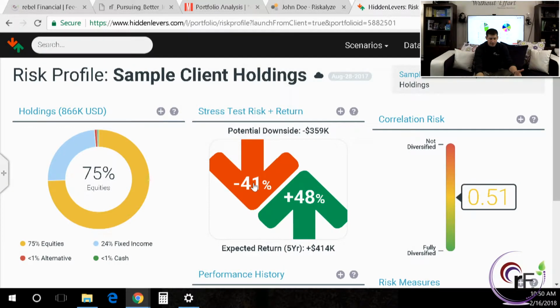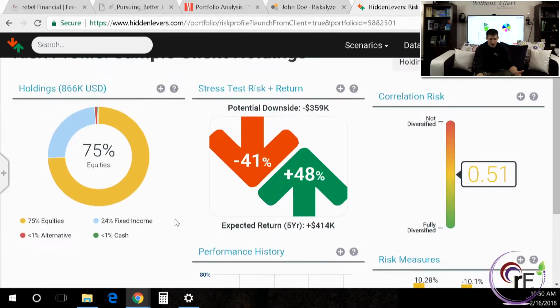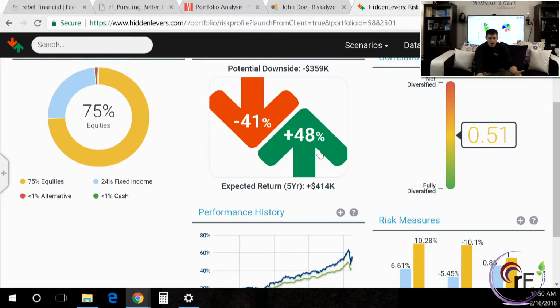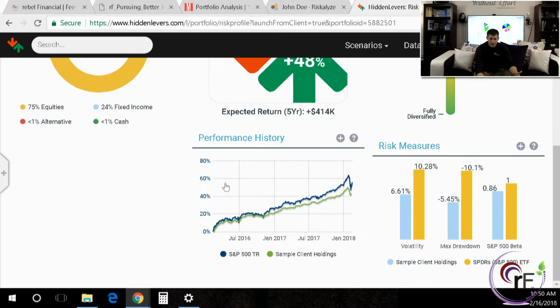This is another test that we run on portfolios so that people can really get an idea of the potential upside or the potential downside in the worst case scenario, and then looking at how aggressive how I'm investing is compared to the S&P, and how much of the upside I will capture.